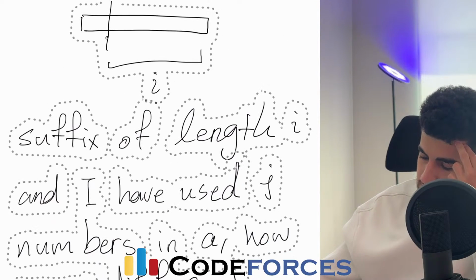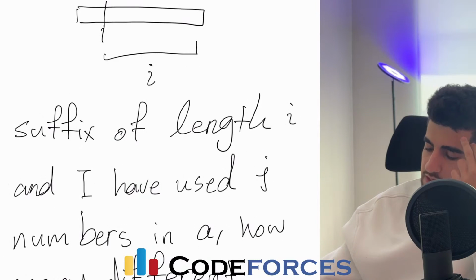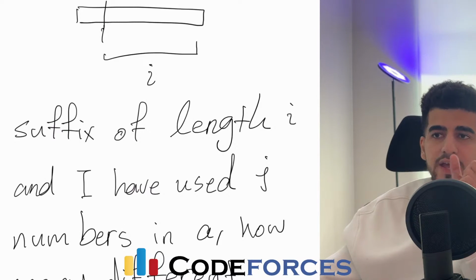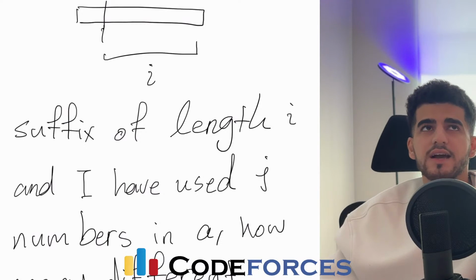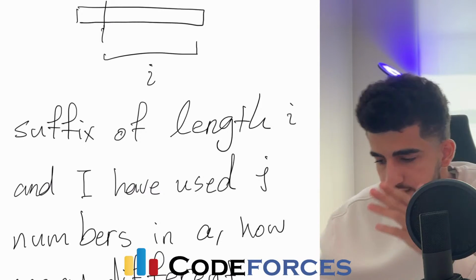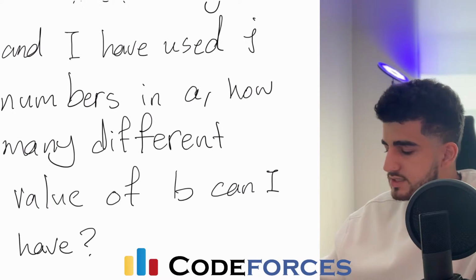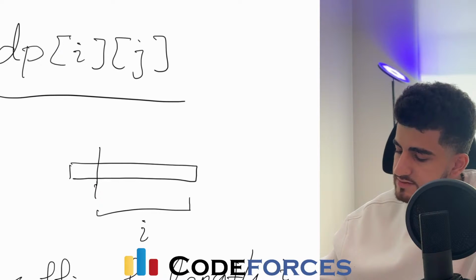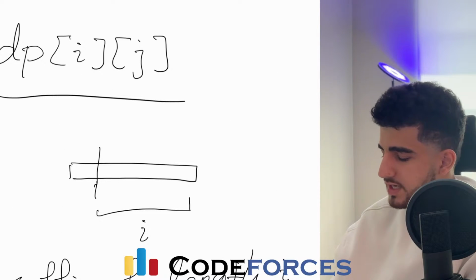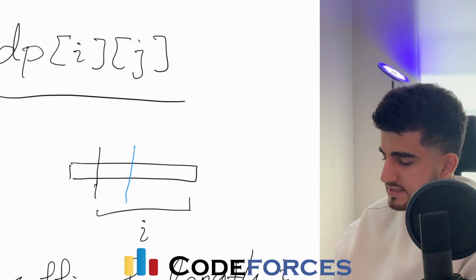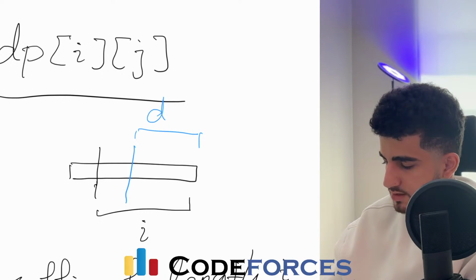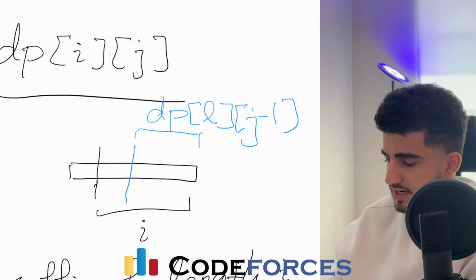Well, how can I update this DP? Because as I said, we can use any interval of any size. So therefore, I can just say that dp of i and j is going to be equal to the sum of all the dp's of L and j minus 1 such that L is less than i.